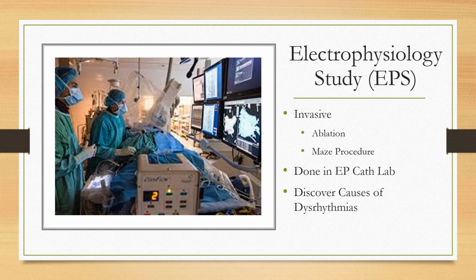Now if they find the cause of the arrhythmia and they can see that it's some kind of abnormal bundle of nerves, they can ablate it, they can burn it, right? So not only can they diagnose the arrhythmias, especially some of the deadly arrhythmias, but they can actually do procedures so that the arrhythmias don't come back, such as ablation.